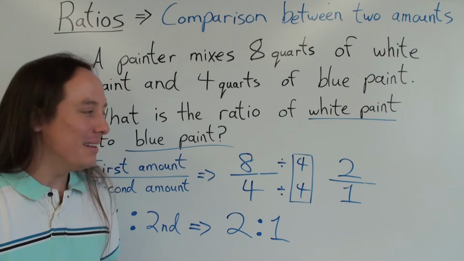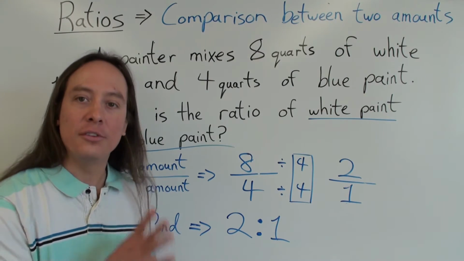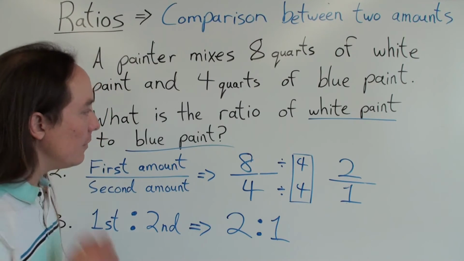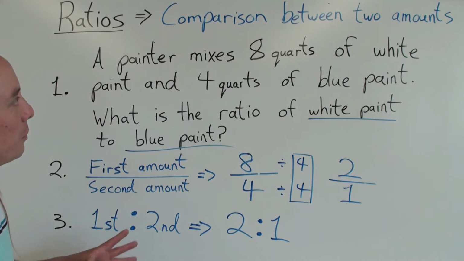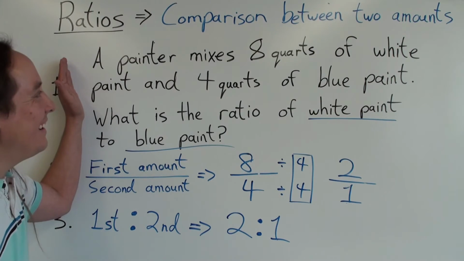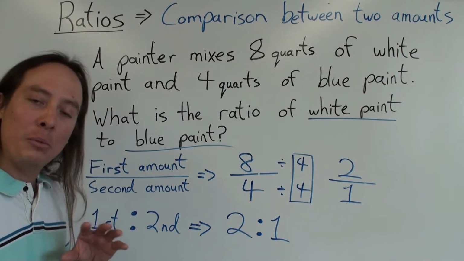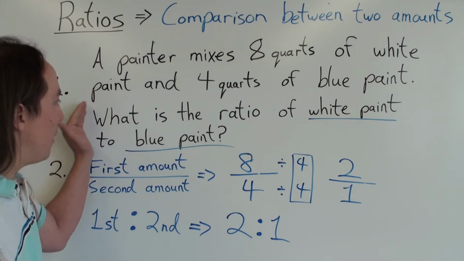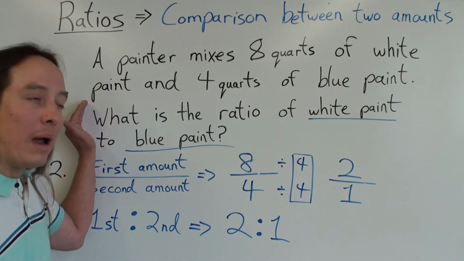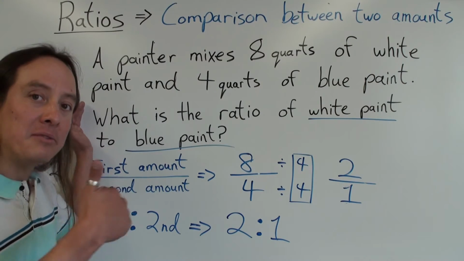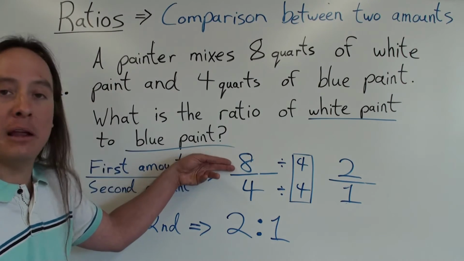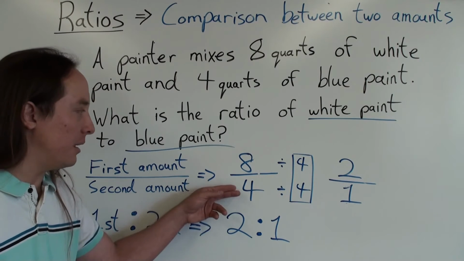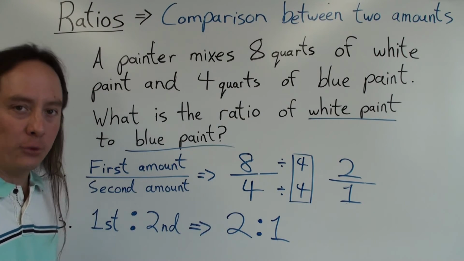So just a quick recap, and we'll have another example. What we did first, we read the question, and we have to understand that we put the information in the same way that they ask us. For the question, white paint to blue paint, they asked for white first, so I put that information in the numerator first. Then they asked for blue paint, the second amount, which was 4 quarts.